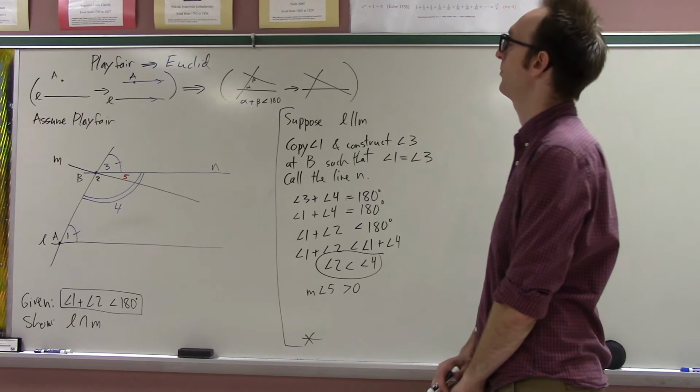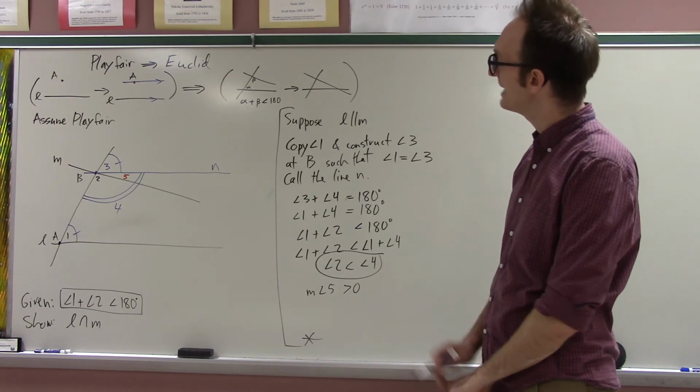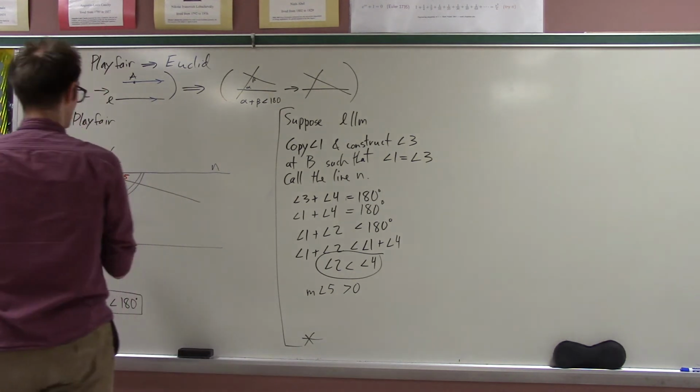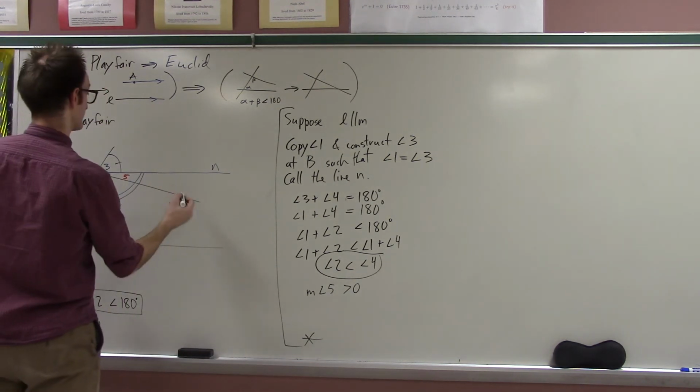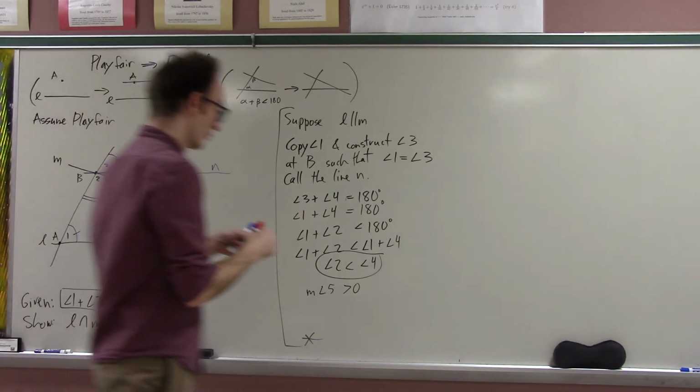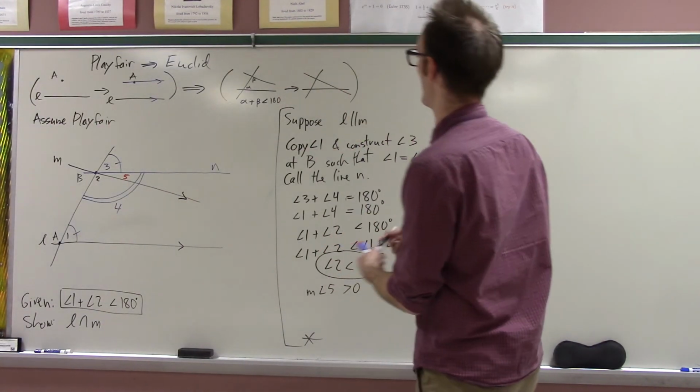Well, what's the whole big idea of this? The whole big idea is that my assumption that L is parallel to M, which was supposed to lead to contradiction, will in fact lead to a contradiction now.